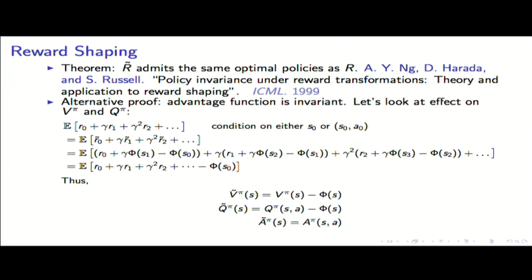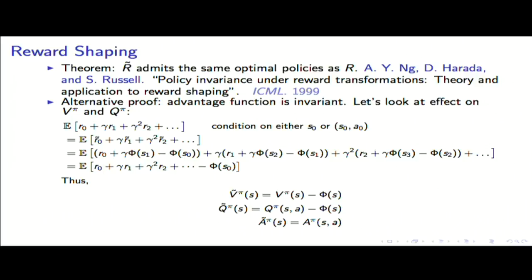Gamma phi of S1 appears in both with a positive sign and a negative sign. And same with gamma phi of S2, which appears with a positive sign and a negative sign, with gamma squared in front. So everything cancels out except for the reward terms and then the last potential. So when we take the expected sum of these shaped rewards, we get the original expected sum of rewards minus the potential function at the first state.